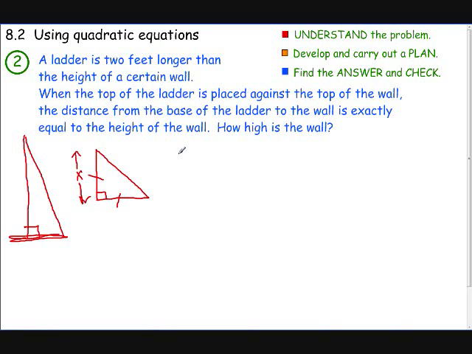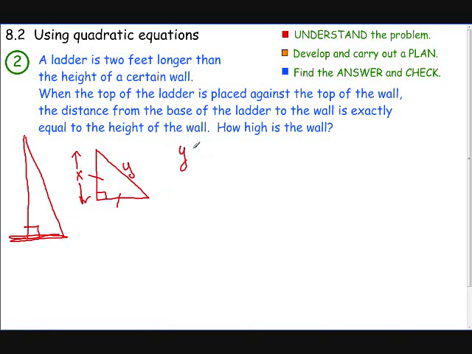Pythagorean to the rescue. The Pythagorean theorem. Let's see. Oh, but we don't know a whole lot, do we? I'm going to have to use y, I guess. The height of the ladder is y. And it's 2 feet longer.